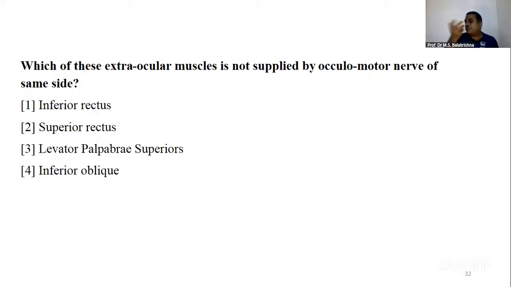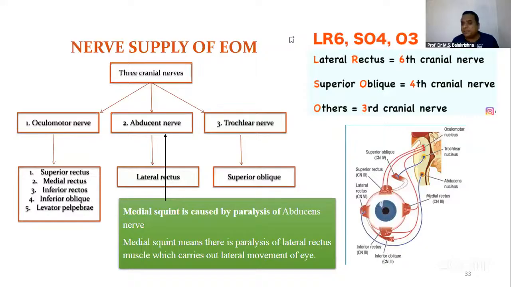That is the basic thing you should know. So here the answer is the superior oblique, which is supplied by the trochlear nerve. This is the same thing I told you: SO4, LR6, and all others by the third cranial nerve, the oculomotor.